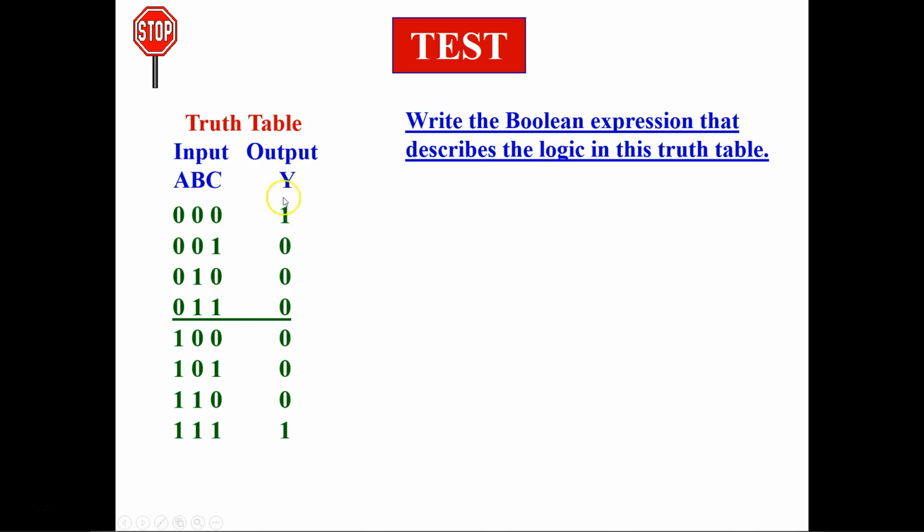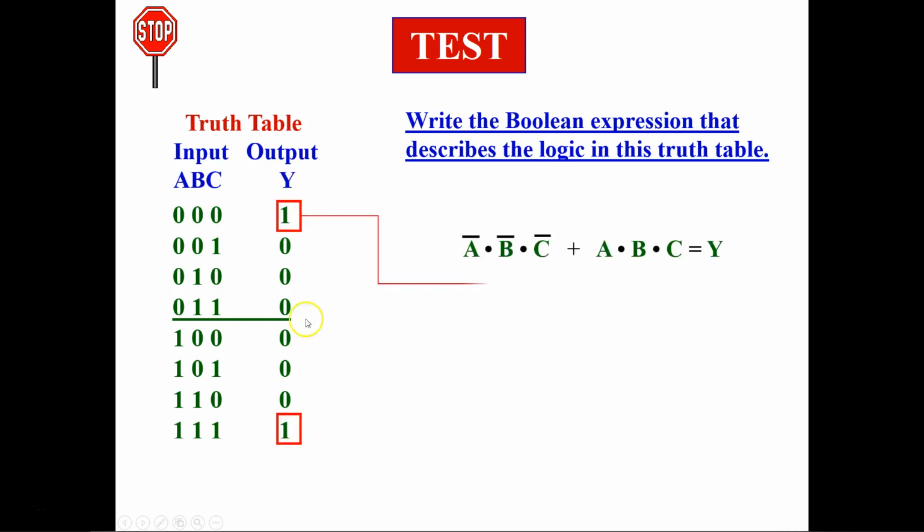So here we see one here, and then one over here. When the output is 1, at that time all the inputs are 0, which means we are going to have A complement, B complement, C complement, right? And let's look at another one. These are all ones, so we are going to have A, B, C.